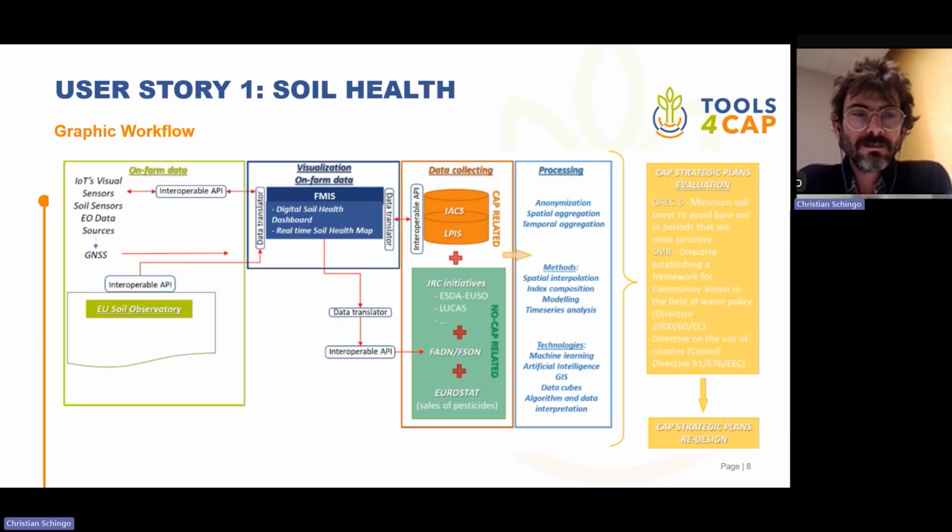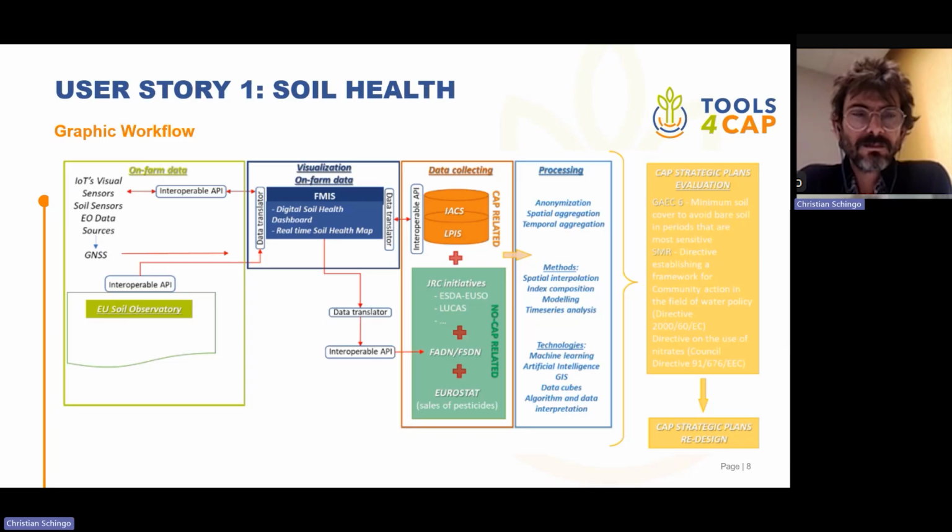So the farm management information system is very useful, I would say also mandatory, to receive the data from the IoT sensor and transform that in something that we can visualize.